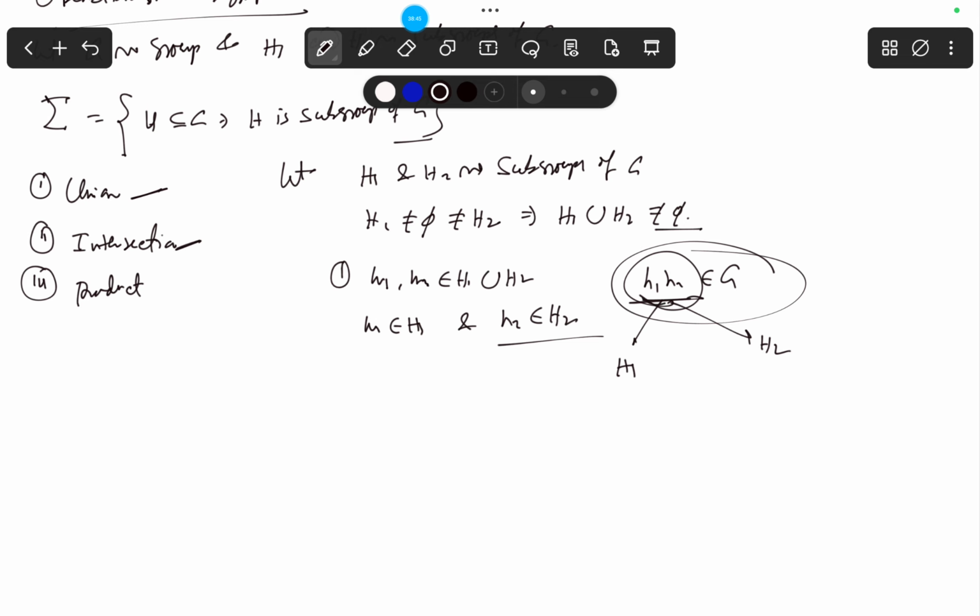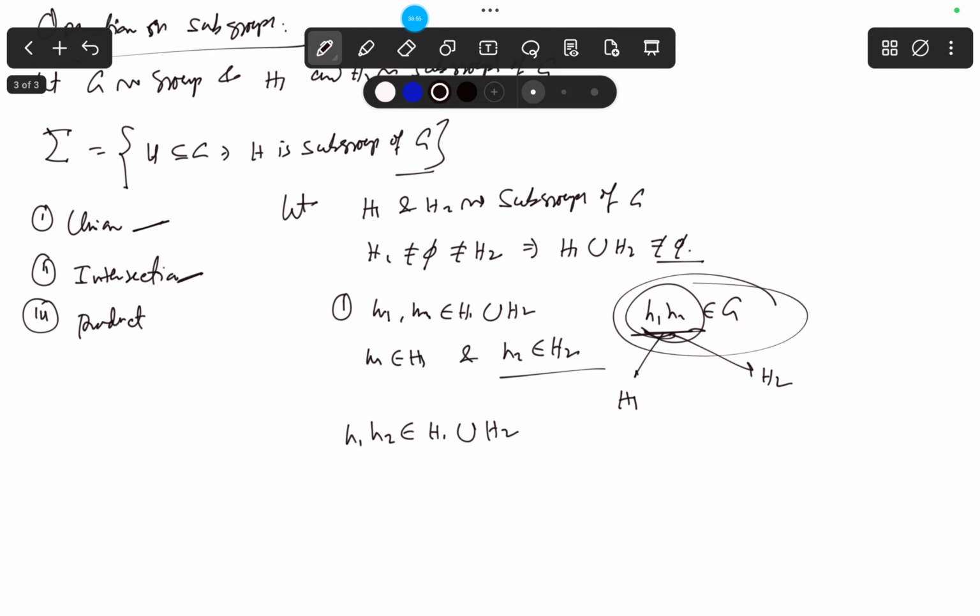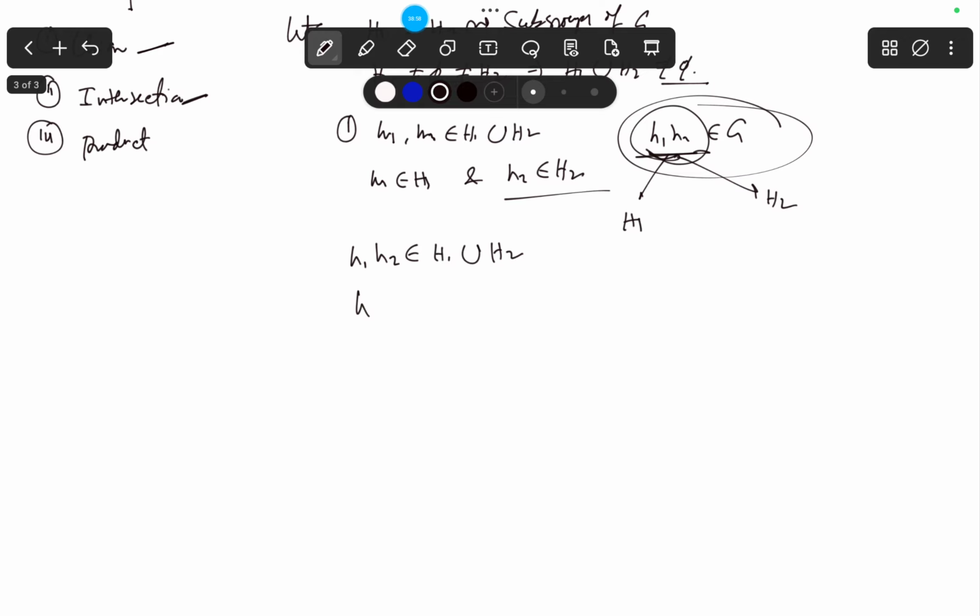But if we need h1 times h2 to be in H1 union H2, then what do we actually need? That will mean that h1 times h2 should be in H1 or in H2. So if h1 times h2 is in capital H1, then since H1 is a subgroup, I can multiply with h1 inverse on the left side, and h1 inverse times h1 h2 again should be there in H1.